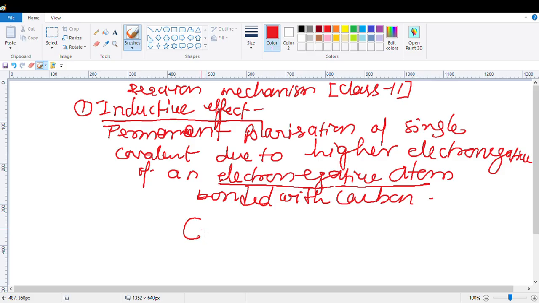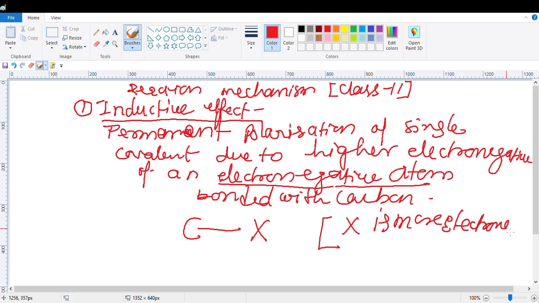So here we are taking a C-X bond, and it is saying that X is more electronegative than carbon. So the shared pair of electrons between the C-X single bond will be shifted towards X and will give rise to partial negative charge, while carbon will get partial positive charge.